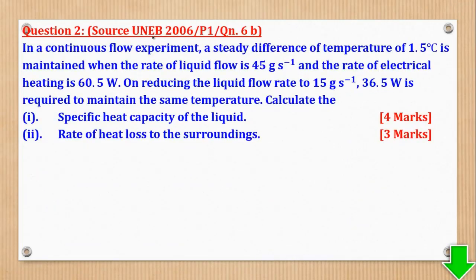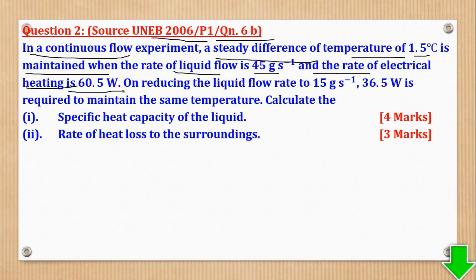Then question 2 came from UNEB 2006 paper 1 question 6B and says, in a continuous flow experiment, a steady difference of temperature of 1.5 degrees Celsius is maintained when the rate of liquid flow is 45 grams per second. So this is grams. And the rate of electrical heating is 60.5 watts. That is one set. Then for the second set, on reducing the liquid flow rate.